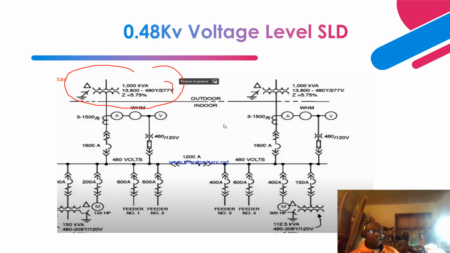The 277 volts you see over here is 480 volts over root 3. So that is the line to ground voltage, or the phase to ground voltage.